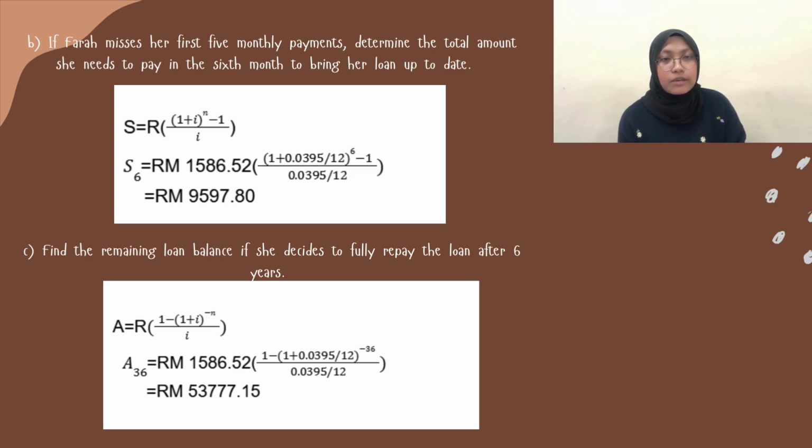A36 equals RM1586.52 bracket 1 minus bracket 1 plus 0.0395 over 12 end of bracket with the power of negative 36 over 0.0395 over 12 end of bracket, and we will get the final answer, which is RM53,777.15.